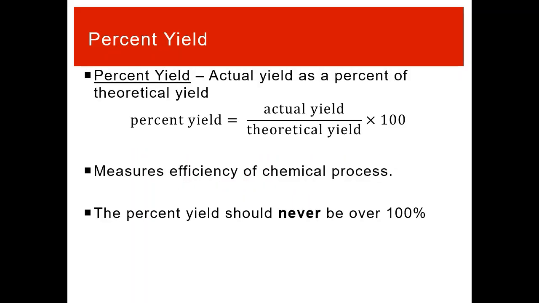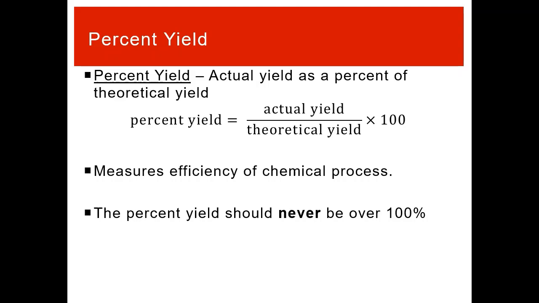We put these two numbers together in what we call the percent yield. That's actual yield as a percentage of theoretical yield. The goal of percent yield is that it measures efficiency. The idea of measuring this efficiency is that sometimes your yields could be on the order of either milligrams or tons.